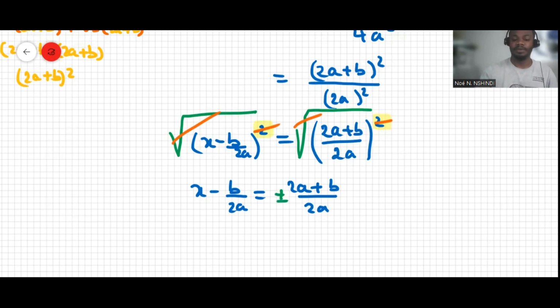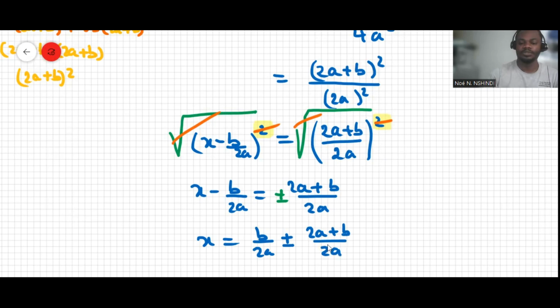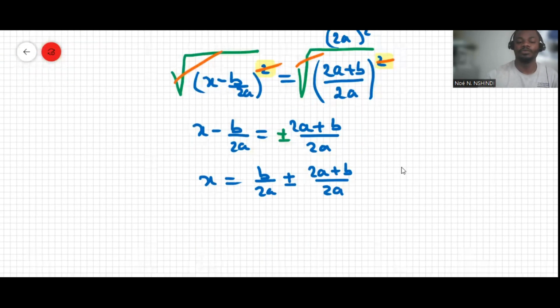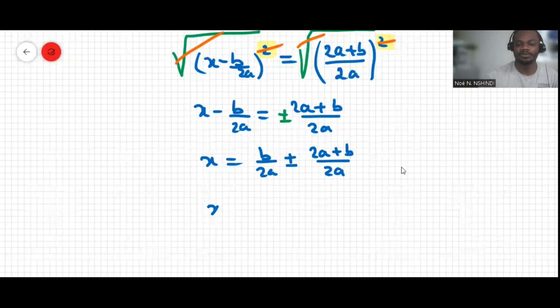Now we can move negative b to the other side, it becomes positive b over 2a plus minus 2a plus b over 2a. So the denominators here are also common, so we can combine them. That makes x equal to b plus minus 2a plus b all over 2a.